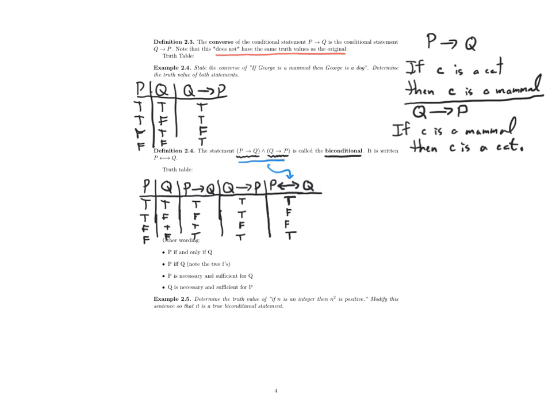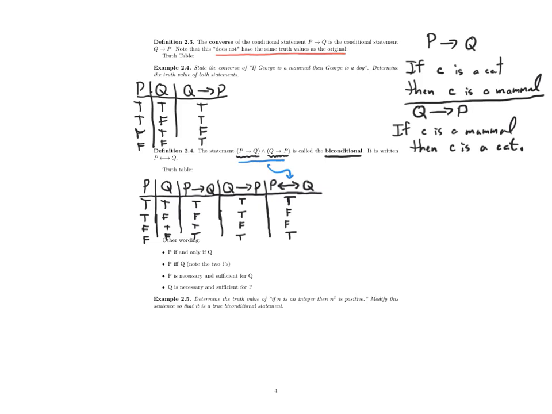So if we know an if and only if sentence is true, we know that either both P and Q are true or both P and Q are false. There's no way that one can be true and one can be false if we know that this is true.